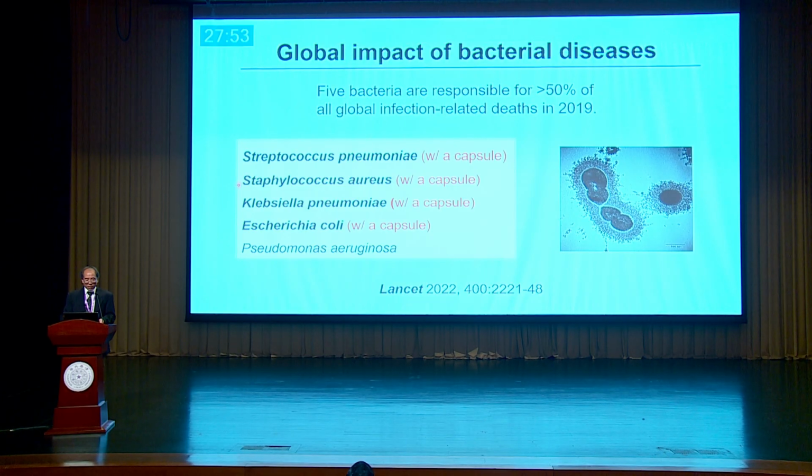You notice four of these bacteria carry this so-called capsule. This is a Streptococcus pneumoniae with a polysaccharide capsule. This is the bacterial cell, and the outside structure is the polysaccharide capsule. It's a really thick layer of structure.